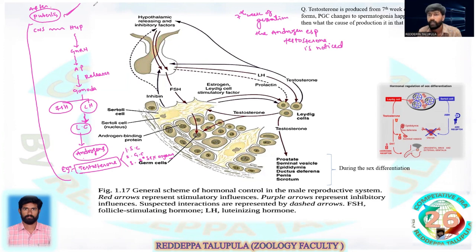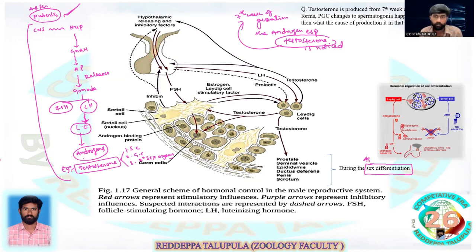Why is testosterone produced in the 7th week itself? What is the role of testosterone in the gestation period itself? If we talk about that, then a new topic, sex differentiation, will arise. I will give a simple view on sex differentiation related to males, not females.